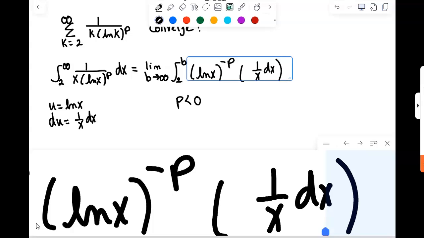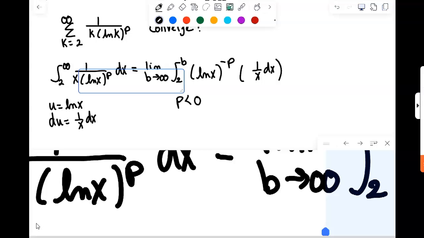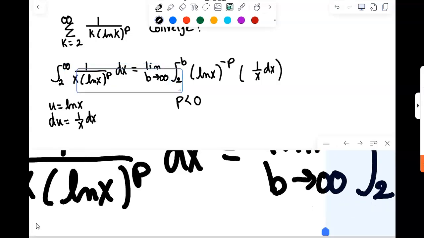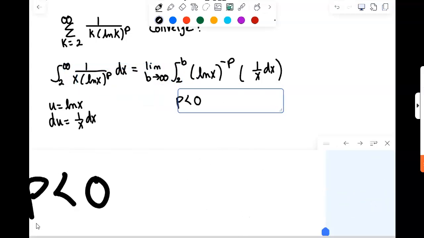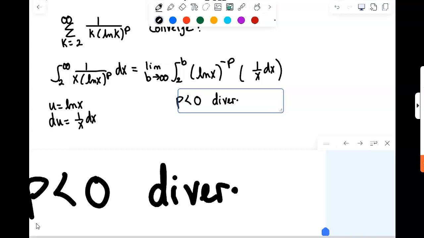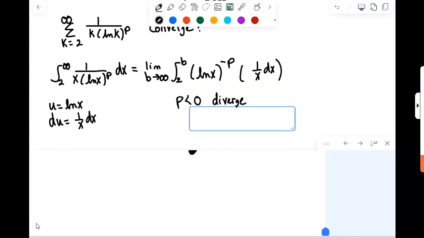That would be ln to the 1.1, and as you go to infinity, ln is going to go to infinity, ln to the 1.1 is going to go to infinity. So if p is less than 0 in this formula here, this whole thing is going to diverge. Absolutely no question about it, diverge.